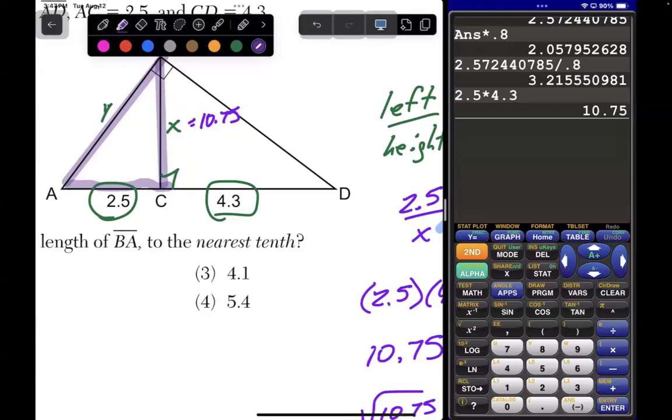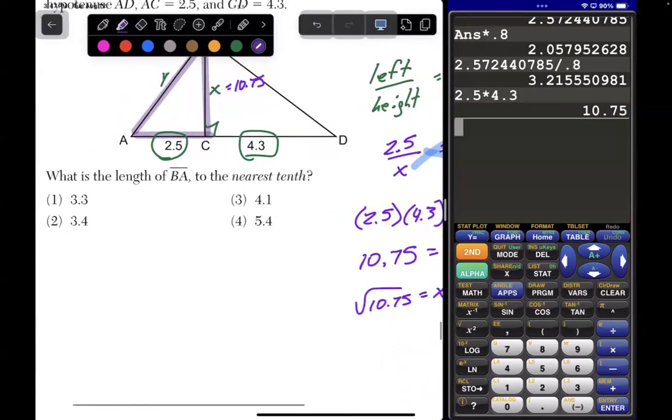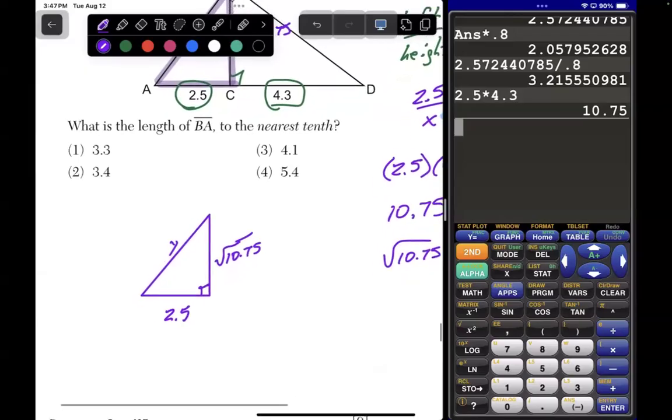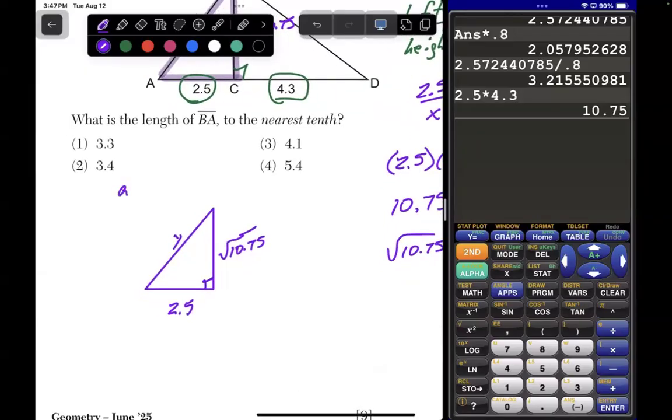I'm going to focus now on this right triangle and sketch it down here. This side is 2.5, and this side is radical 10.75. I'm looking for this side, call that y. Now I can just use the Pythagorean theorem: a squared plus b squared equals c squared. Remember, c is always the hypotenuse, so this would be my c, this would be my b, and this would be my a.